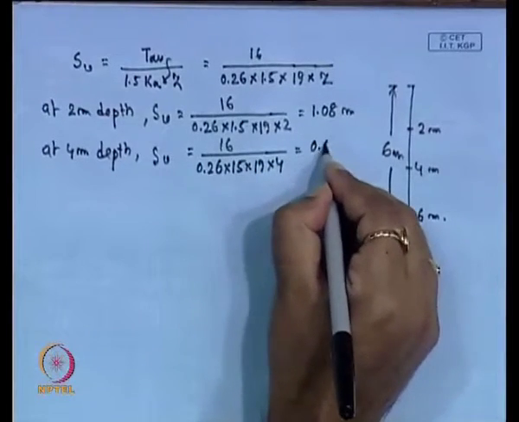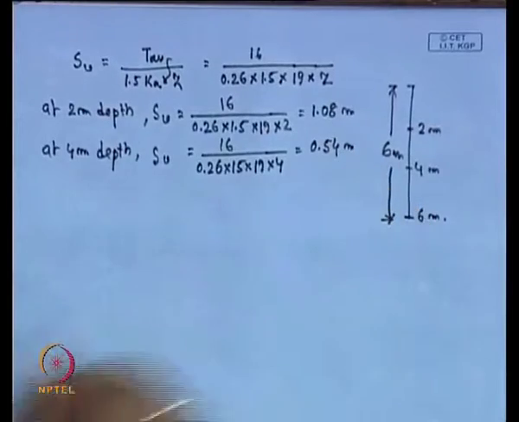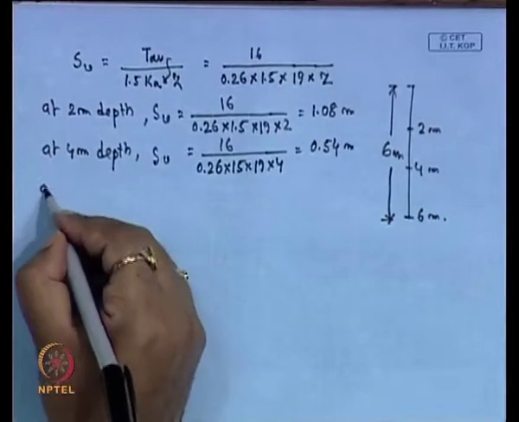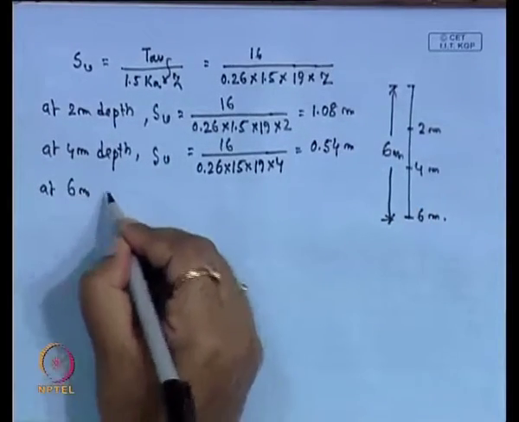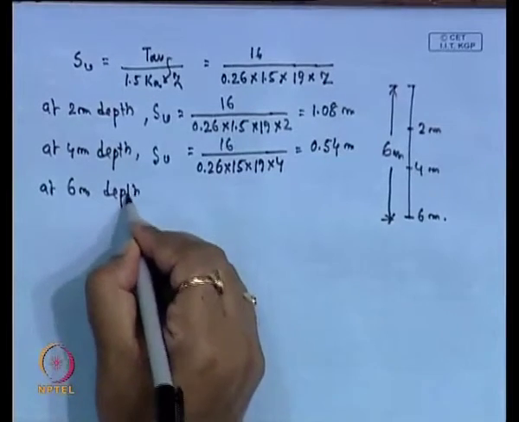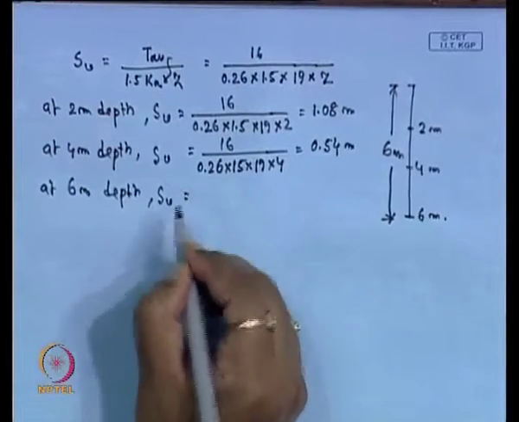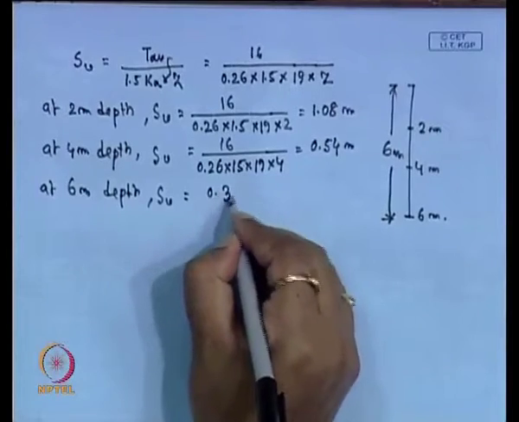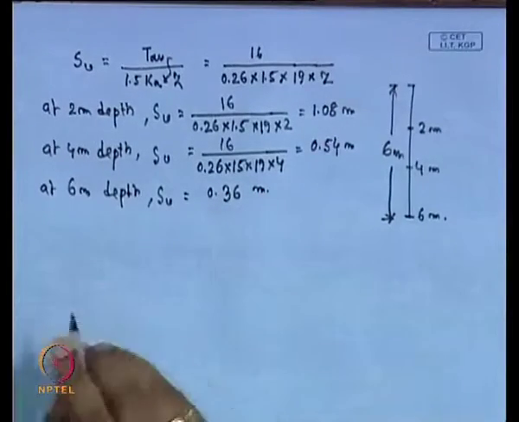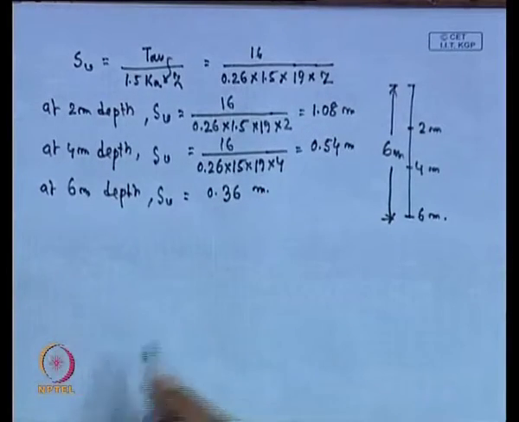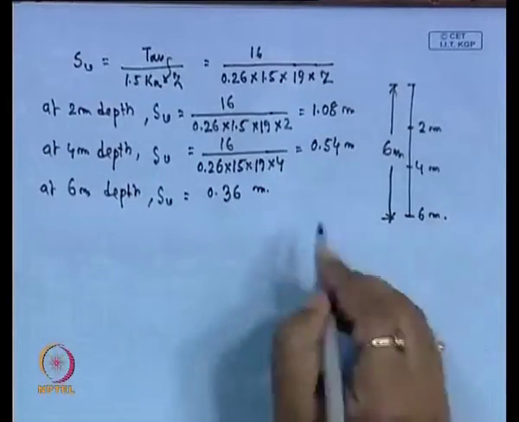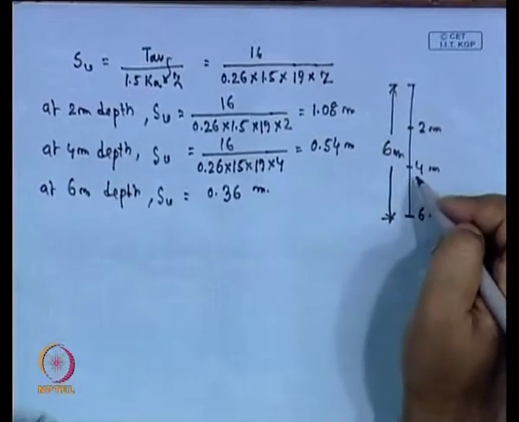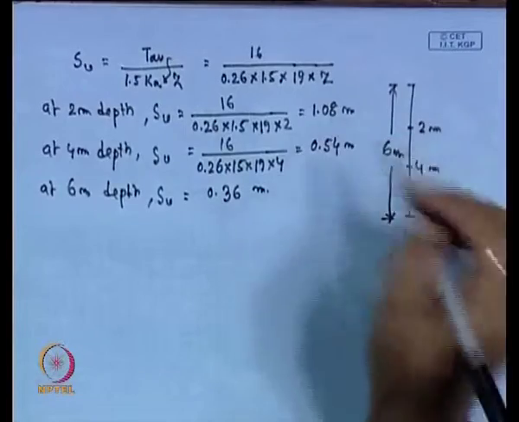So, that is 0.54 meter. Similarly, at 6 meter depth, S B is 0.36 meter.